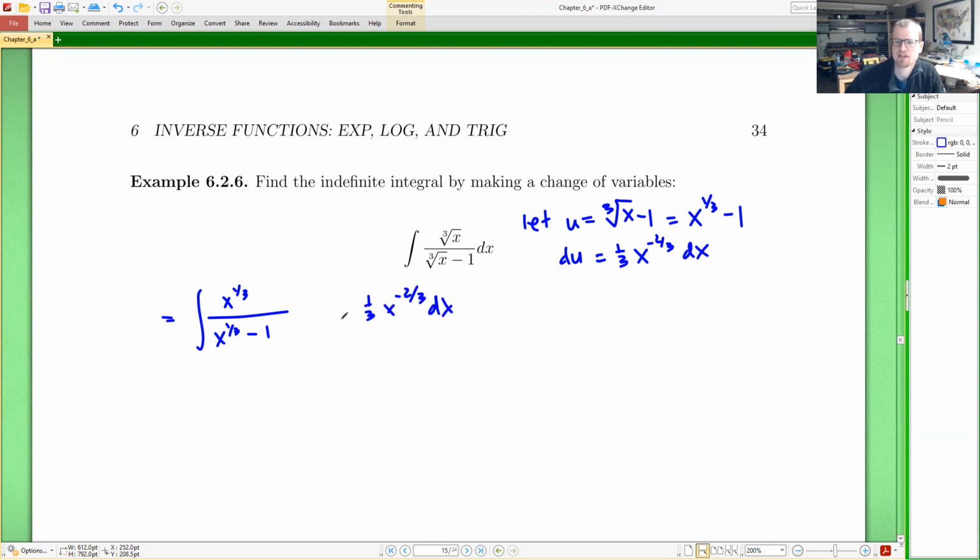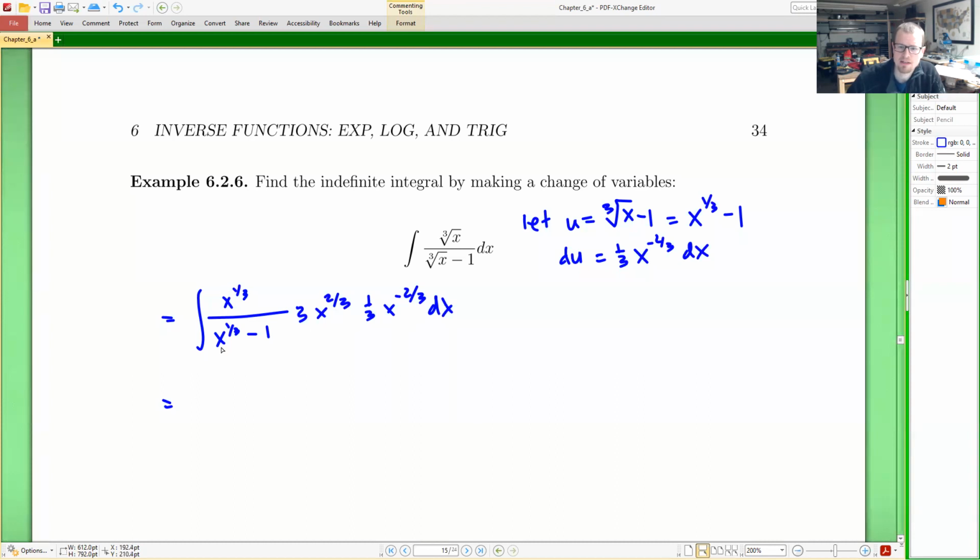So I have the dx already, but I don't have this. So I'm also going to multiply by 3x to the positive 2/3. So now the 3 and the 1/3 cancel, the x to the 2/3 and x to the negative 2/3 cancel, and we have exactly what we started with.